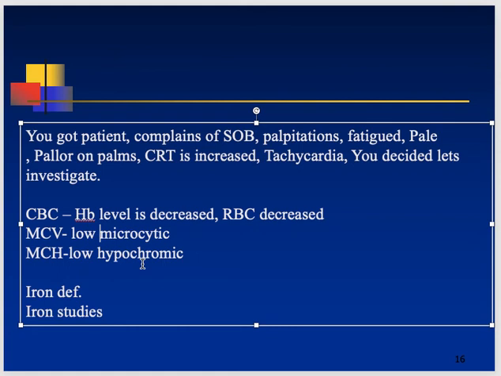If all cell lines are affected, then I told you it could be aplastic anemia, myelodysplastic disorders, myelofibrosis, tuberculosis, leukemia, amyloidosis, and so on. So I'm giving you the directions of what we think of whenever we think about anemias.